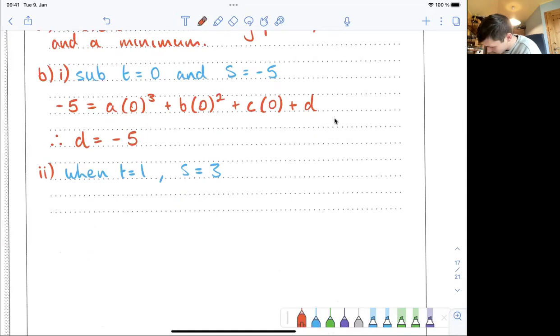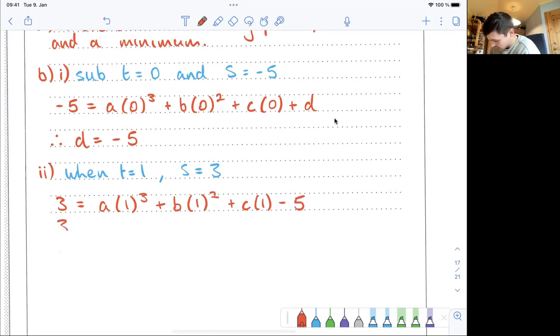We've got 3 is equal to A multiplied by 1 cubed, plus B multiplied by 1 squared, plus C multiplied by 1, plus D, which we know is -5, so we can just put that in. So therefore, we're going to have 3 is equal to A plus B plus C -5. There's our first equation.